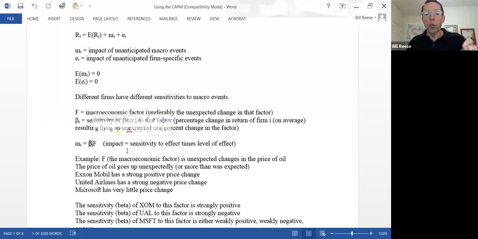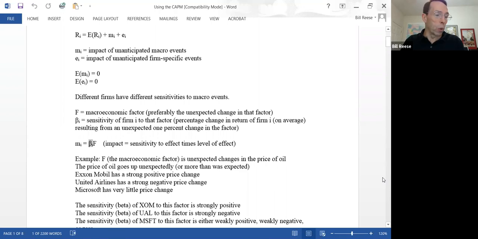So just as with the factor, it was the excess return on the market, the return on the market minus the risk-free rate, we want to look at the excess return on the stock, the return on the stock minus the risk-free rate. So we want to see what is the stock's sensitivity to the factor. And this is going to be the direction we're going to go with this.